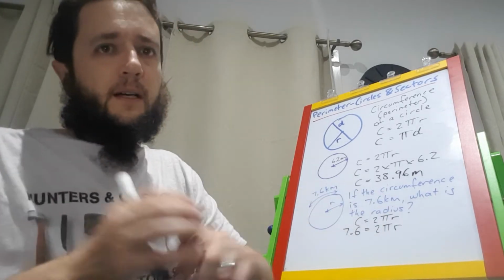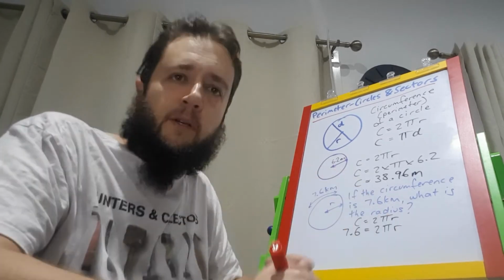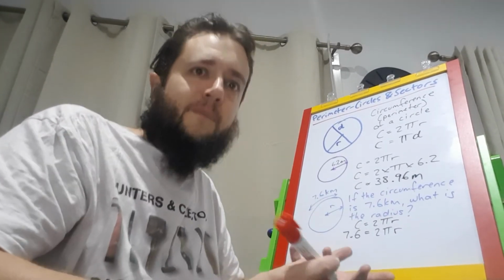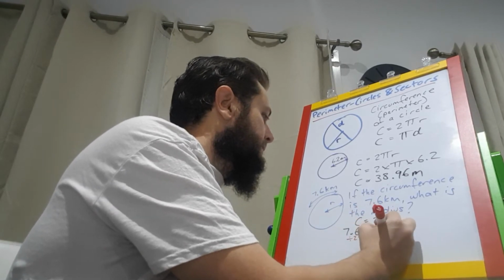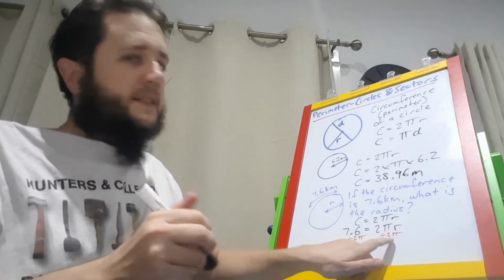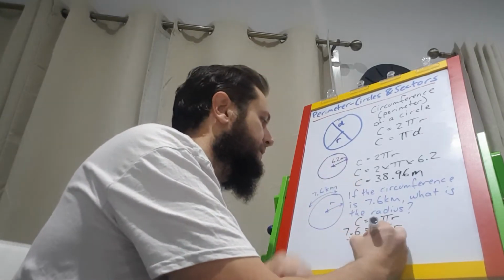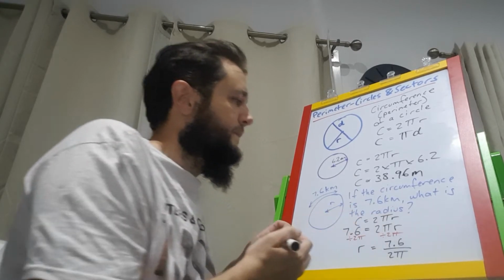To get the radius by itself, this is where we need a very small amount of algebra. What's the opposite of multiplying something by 2 pi? Dividing by 2 pi. So if I divide both sides by 2 pi, all you'd be left with on this side is the radius, so I'll write r, and then on this side you'd have 7.6 divided by 2 pi.